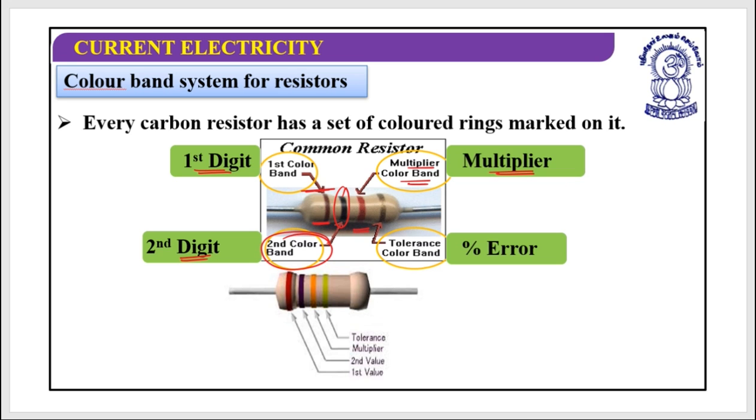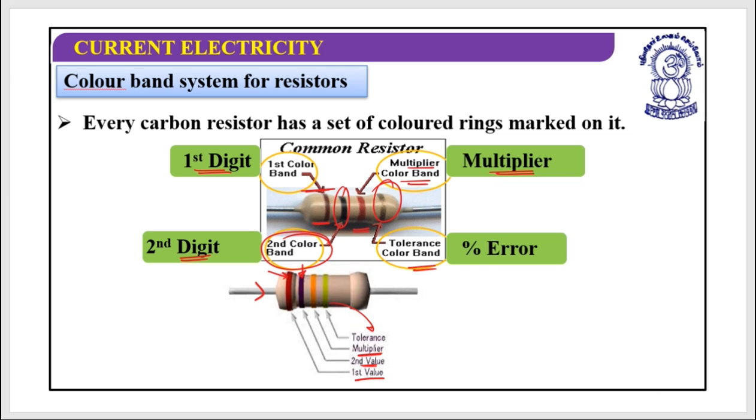And the fourth band is the tolerance color band. So let's repeat this from here to here. The first band represents the first value of a resistance, the second band is the second digit, the third is a multiplier, and the fourth band, the last band, represents the tolerance.